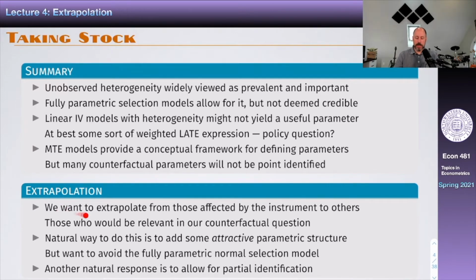I wrote here, we want to extrapolate from those affected by the instrument to others. Think about the LATE, okay? Those will be relevant in our counterfactual question. Later, we're going to talk about this QQ infertility application, where again we're going to be using this instrument, which is whether the families got the first two kids of the same sex or not, and we're going to be using that as an instrument with, again, this assumption that people have preferences for having kids of both genders.